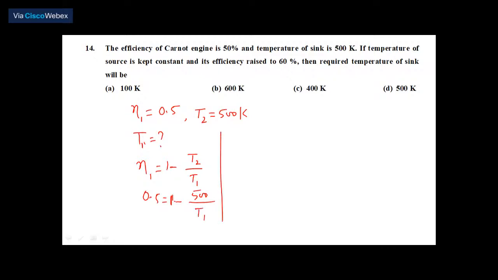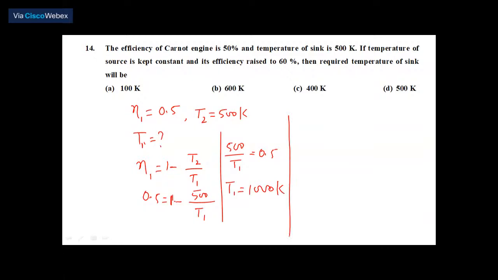Now you simplify this, you get the value of T1. How much is T1 here? 500 divided by T1 is equal to 1 minus 0.5, that is 0.5 itself. So T1 is equal to 500 divided by 0.5, that is 500 divided by half. So it is 1000 kelvins.